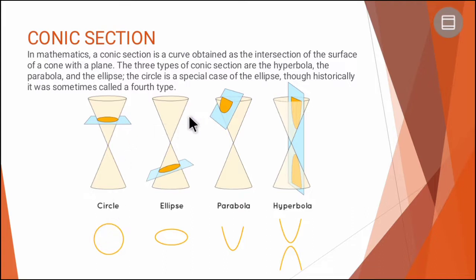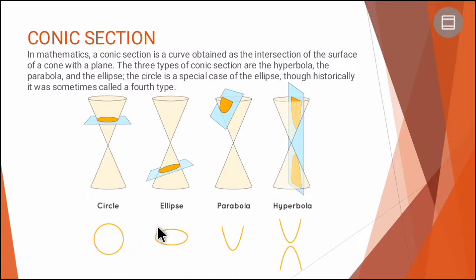You will cut the cone by a plane horizontally. Derecho. Kapag titingnan nyo mula sa top view, this is the front view and this is the top view. So, you form the circle.